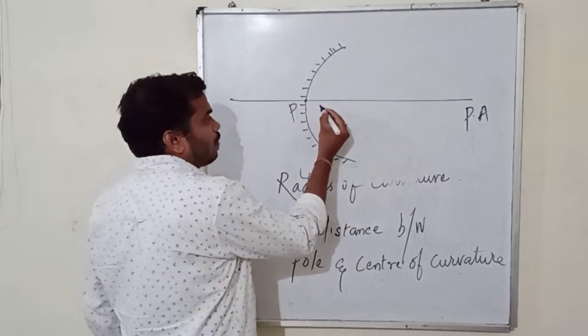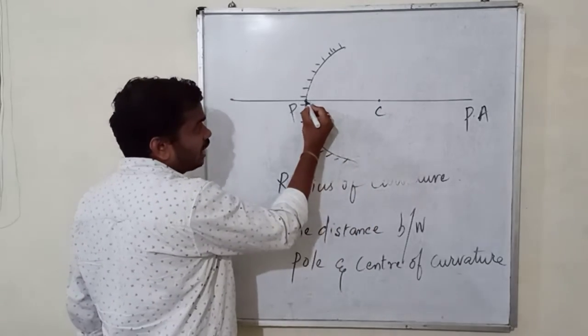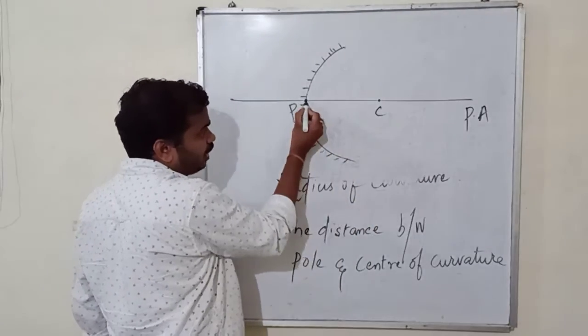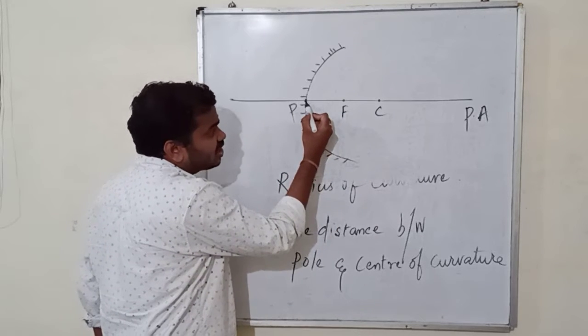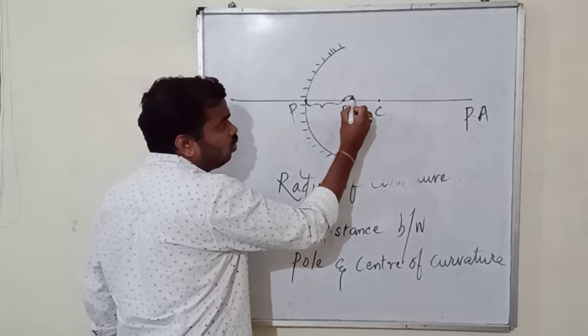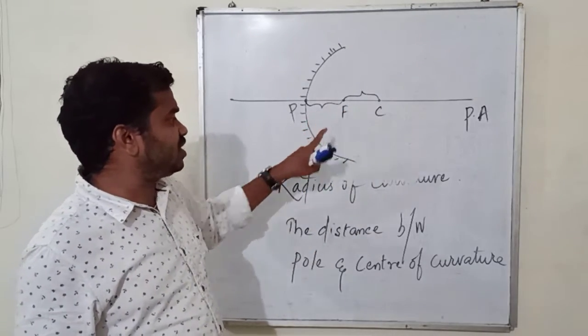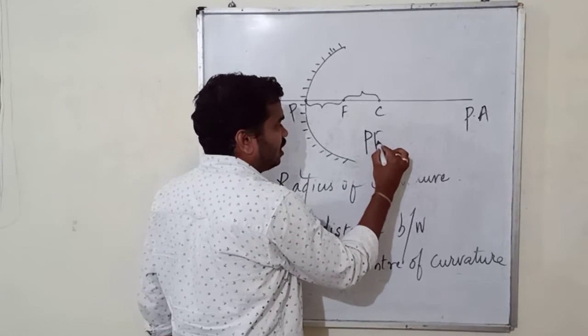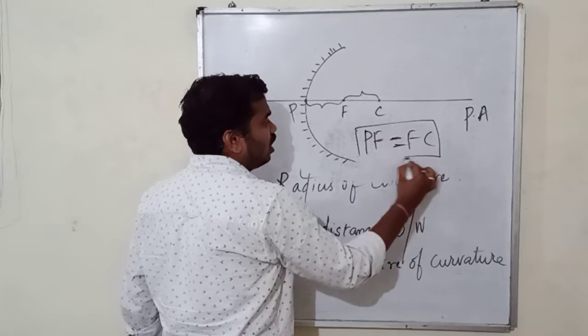Remember this. Now I know the center of curvature. Remember, half of the distance between pole and C would give you the focus. Means the distance from P to F would be equal to F to C. This is the same distance. PF is equal to FC.